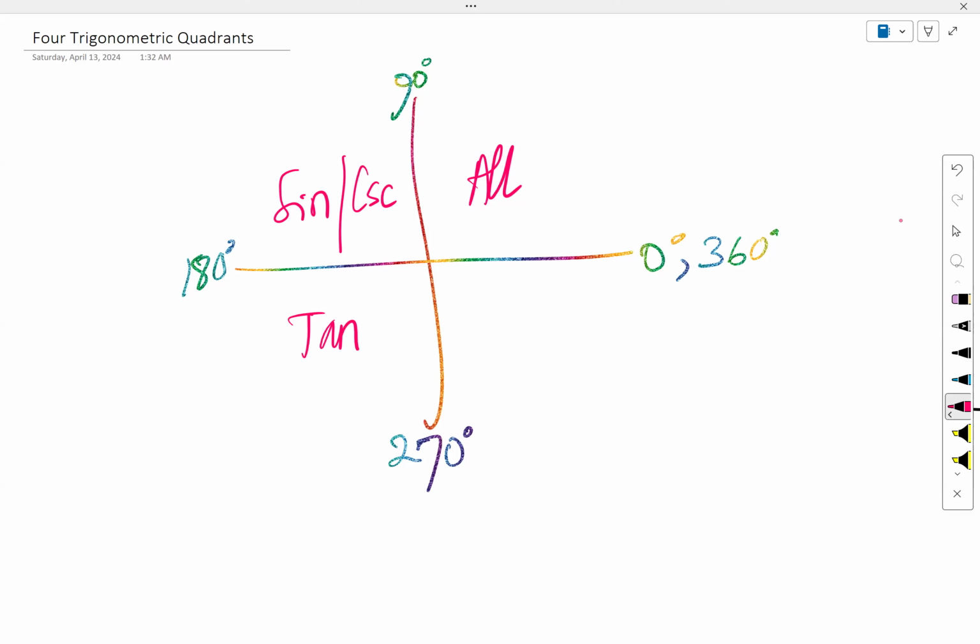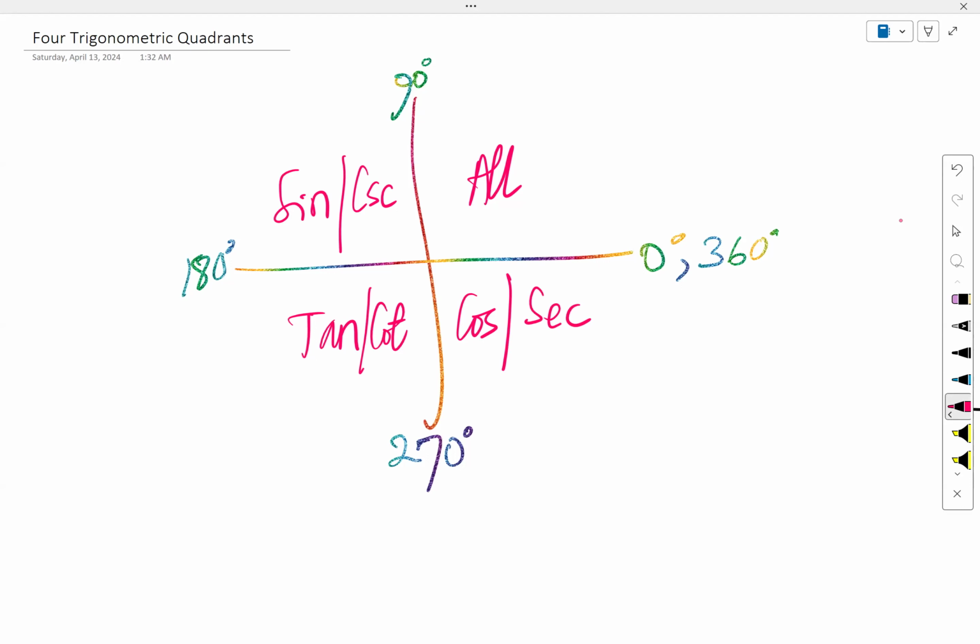Tangent is positive between 180 and 270 degrees, and automatically its reciprocal, cotangent, will also be positive. In the fourth quadrant, between 270 and 360 degrees, only cosine is positive, and its reciprocal, secant, will also be positive in that quadrant.